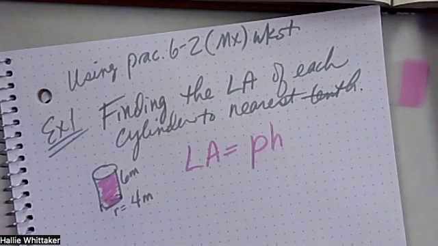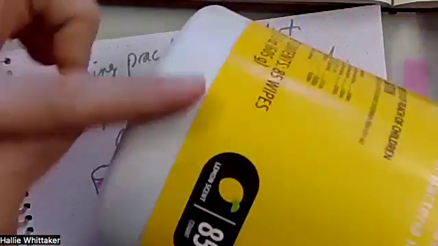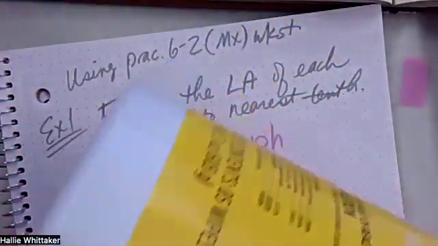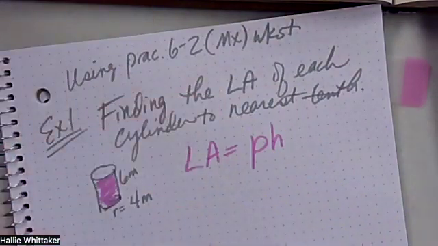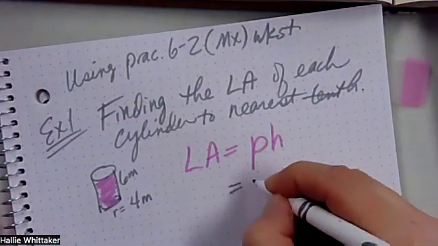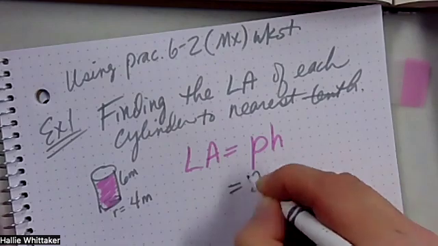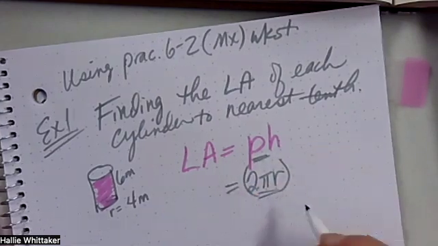Y'all remind me how we get the perimeter of this circular base. What is around a circle? That's a circumference. So the perimeter for a circular base is the circumference. So what you're going to do there is 2 pi r for the perimeter.